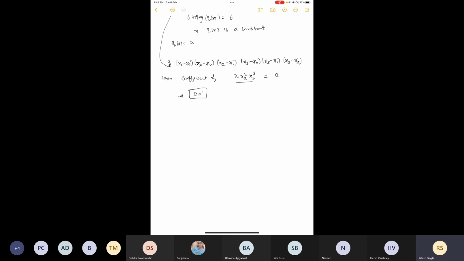Have you guys solved question number 6? Yes, sir. What is the coefficient of x square? 3.5. Does everyone get the same answer?